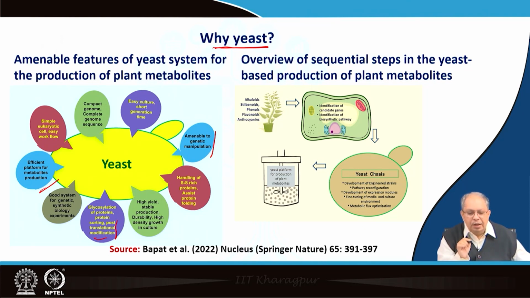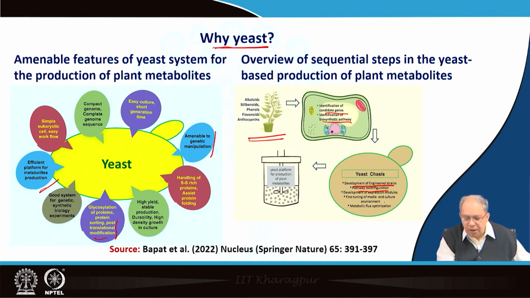Again, if the substrate is expensive, then this is not feasible, and it will not go to the industrial scale. What is shown on this slide is that you should know the pathway, identify the candidate genes, identify the biosynthetic pathway, and then develop an engineered strain.